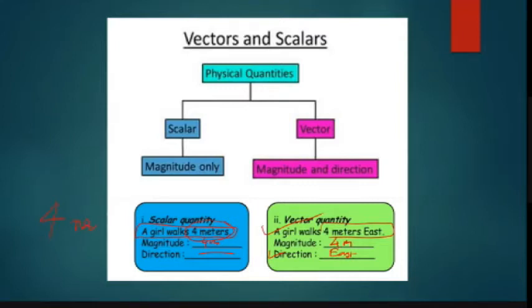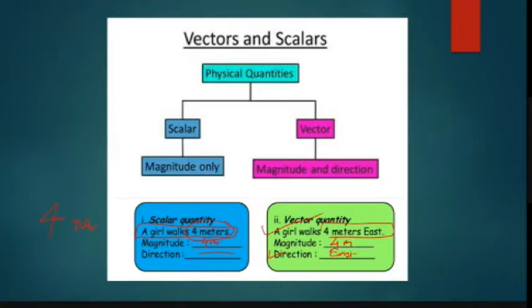Swati, examples for vector quantities? Velocity, displacement. Which one do you have to tell first?